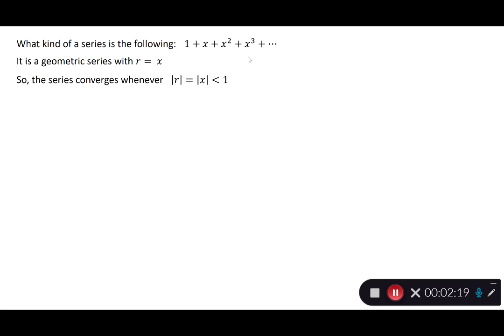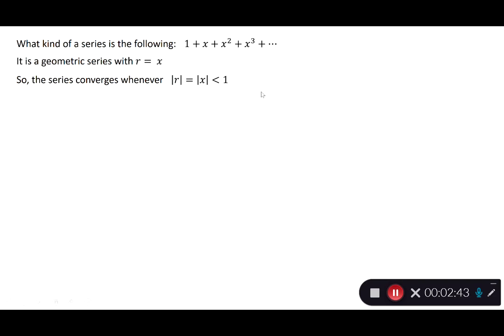Okay, there's one more thing I want you to recall if you can. What is the sum of a converging geometric series? A over 1 minus r. What is a here? 1.